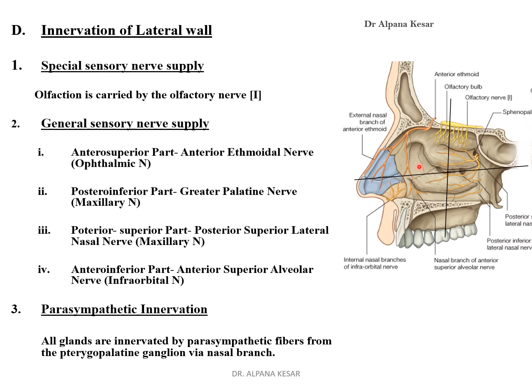They are anterosuperior, posterosuperior, posteroinferior, and anteroinferior quadrants. The anterosuperior gets its sensory nerve supply by the anterior ethmoidal nerve, which is a branch of the ophthalmic nerve.